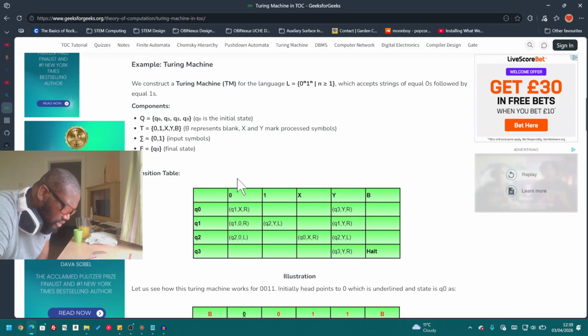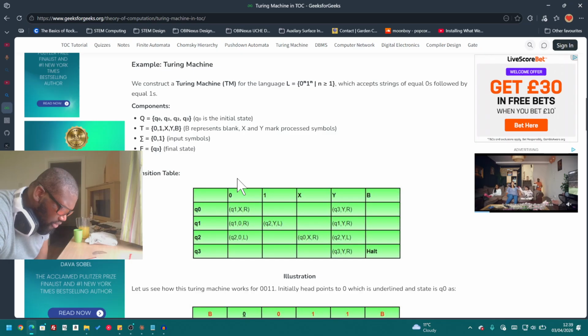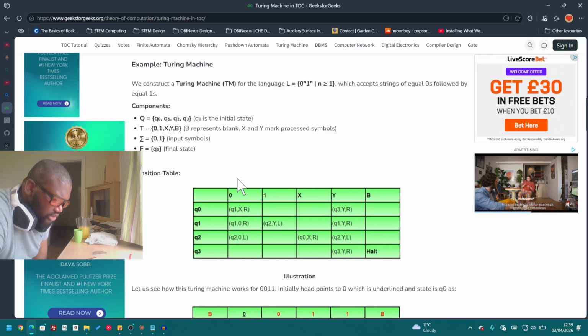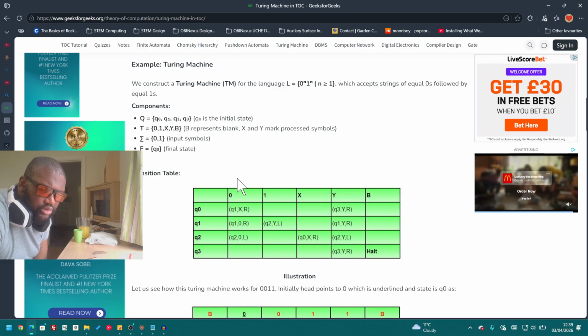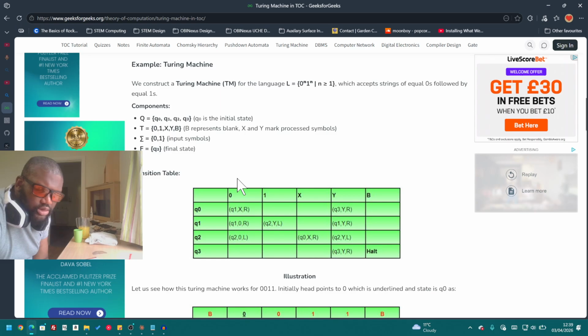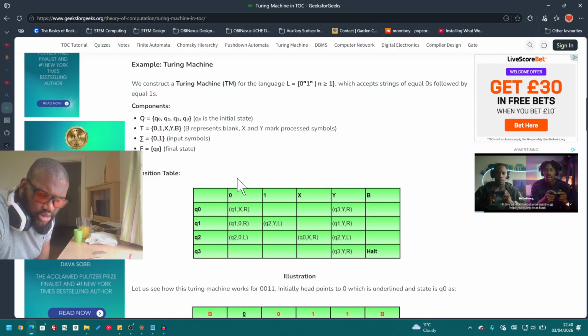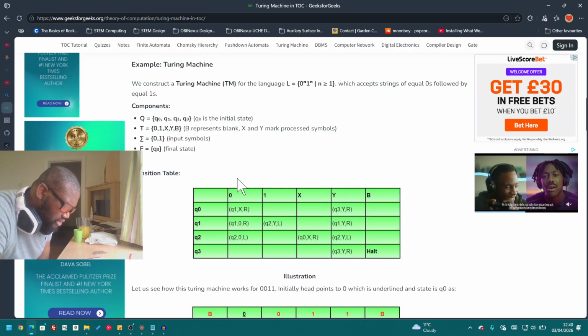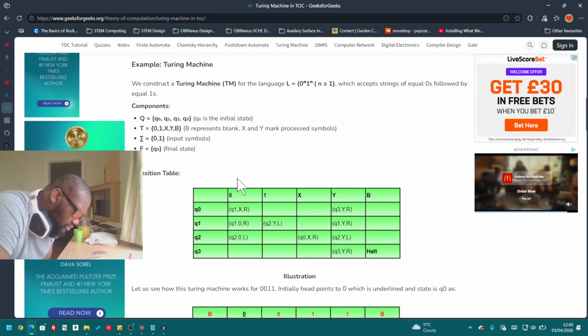You're gonna have sigma, theta is 0, 1, theta, and F equal to Q3. F is equal to the final states.